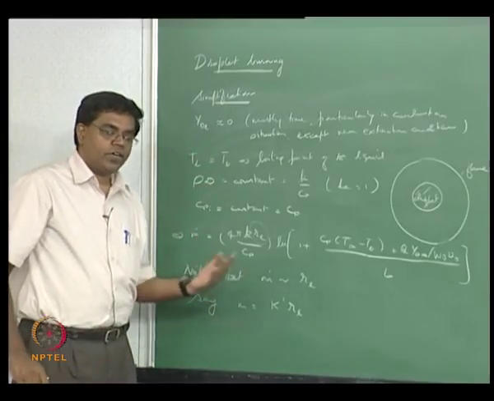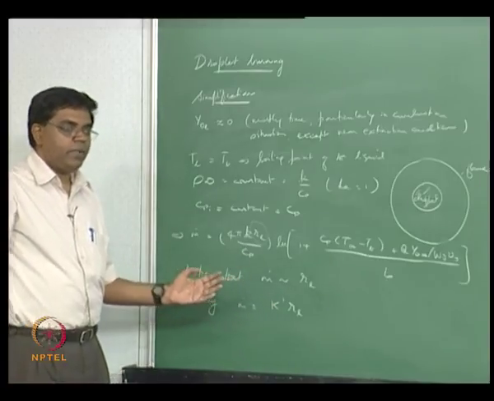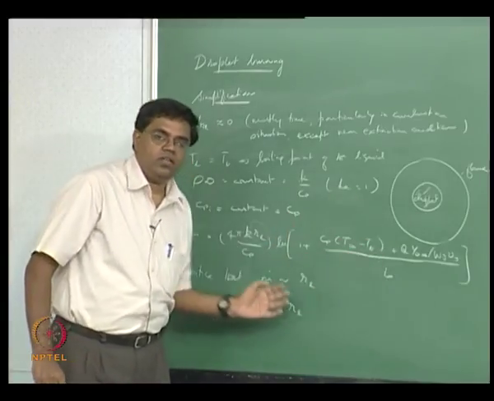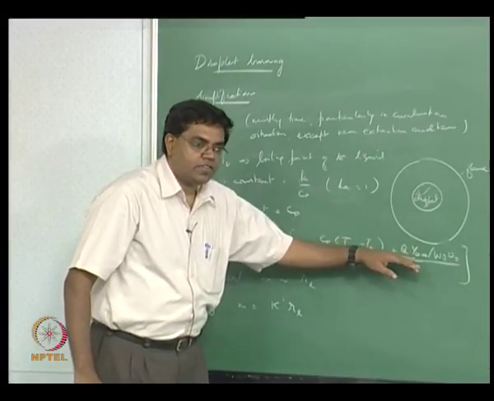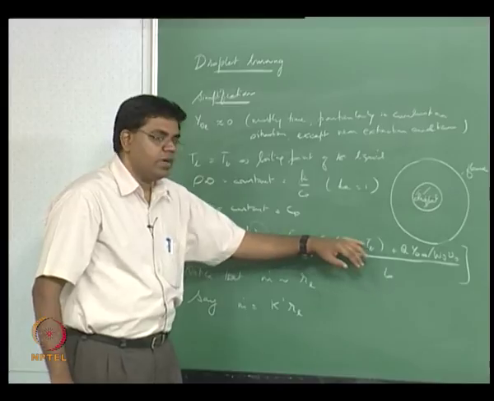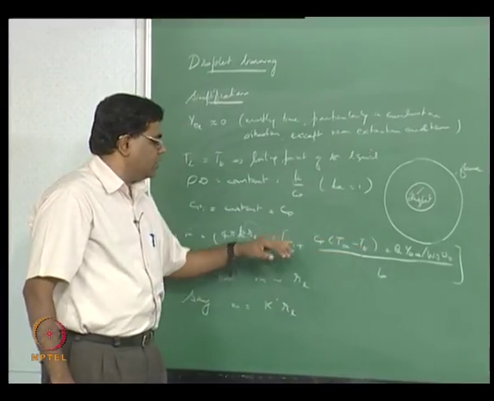We are trying to deduce the d squared law, and therefore we want to see what is the dependence of the evaporation constant on the system parameters, namely the ambient gas composition, ambient gas temperature, the boiling point of the liquid, the latent heat of the liquid, and so on.